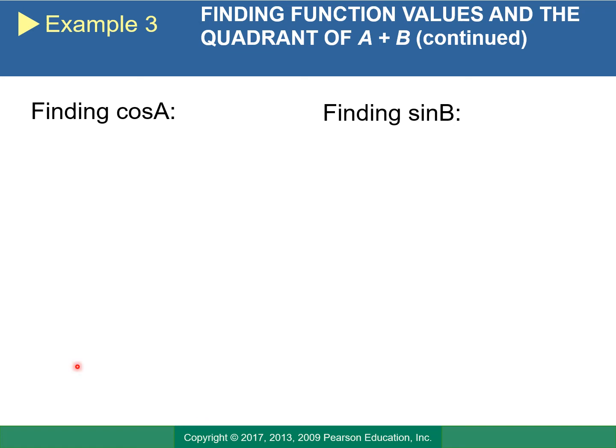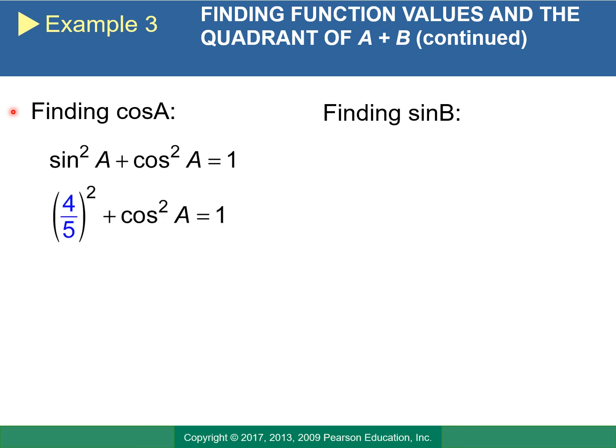Start by finding cosine A, and we're going to use the Pythagorean identity to do this. We know the sine of A value, we were given that, so we fill that into our Pythagorean identity, and we start simplifying and solving for cosine A. If you square this, and you can pause this and work it out if you'd like, you get 16 over 25, and then you just subtract it from 1.